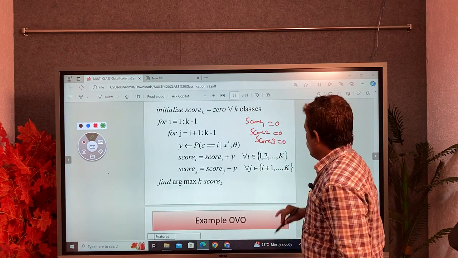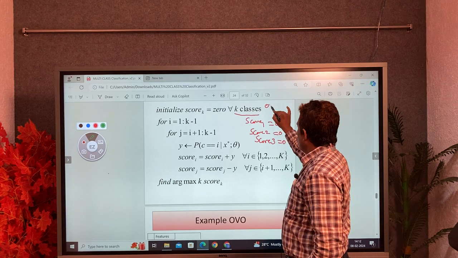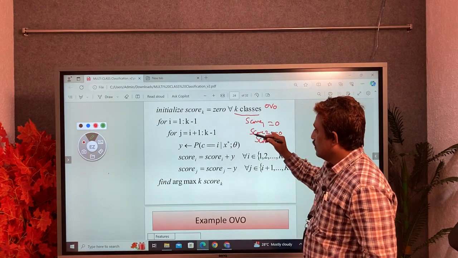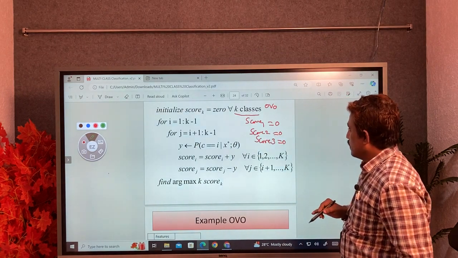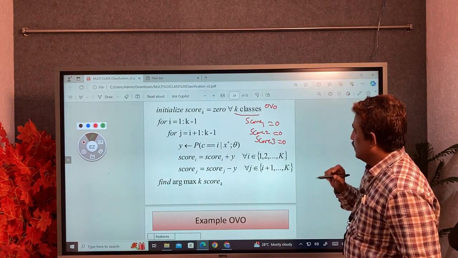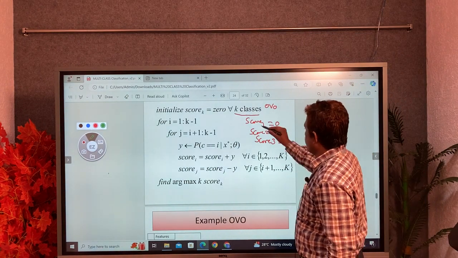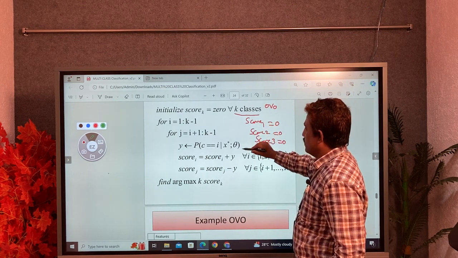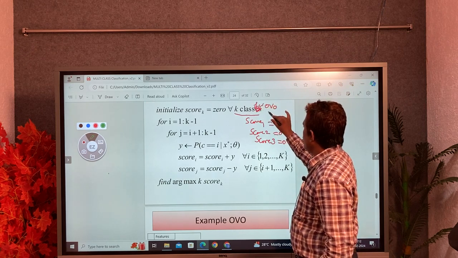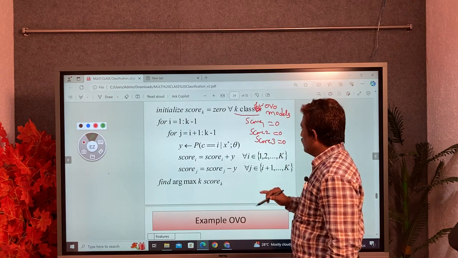Okay, now suppose there are k classifiers in one versus one, that means k is nothing but n into (n minus 1) by 2, where n is the number of classes available. But how many classifier models do we have? So k denotes the number of classifier models, which is given by nC2. It is not the number of classes, it is the number of classifier models.